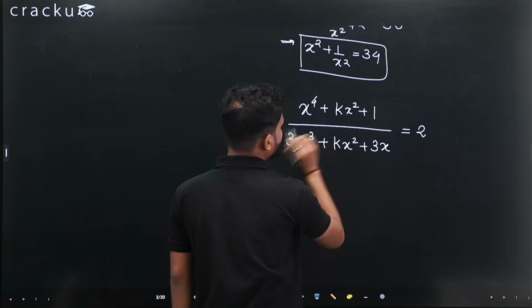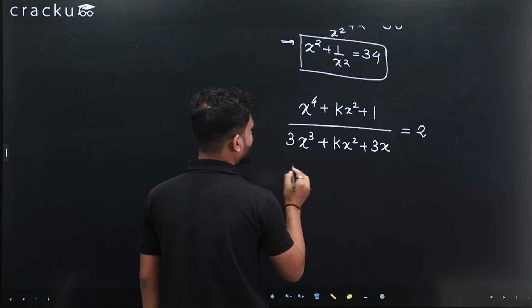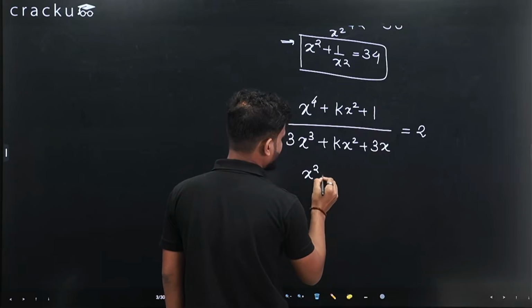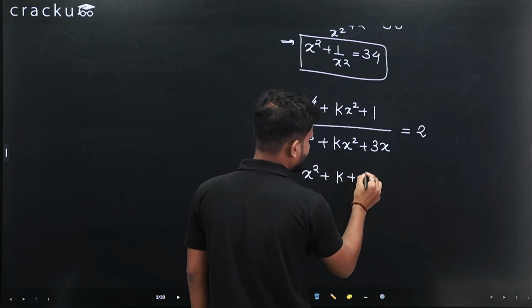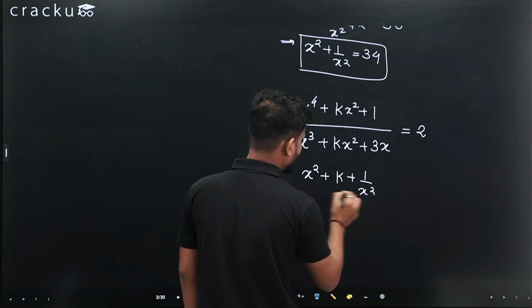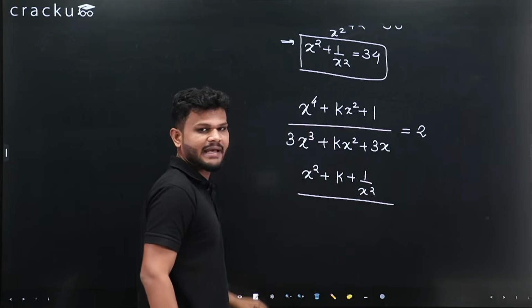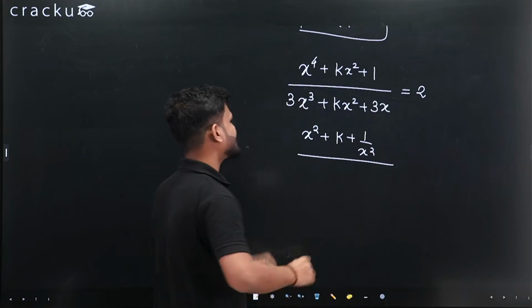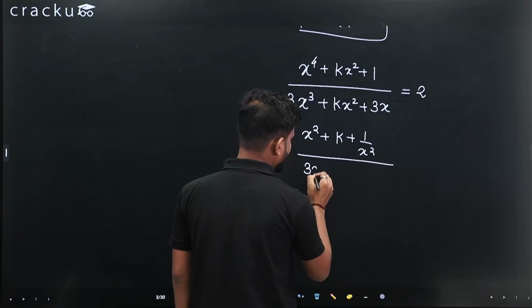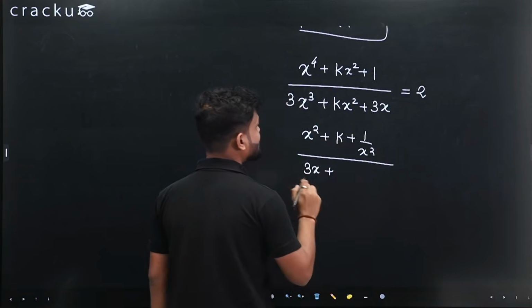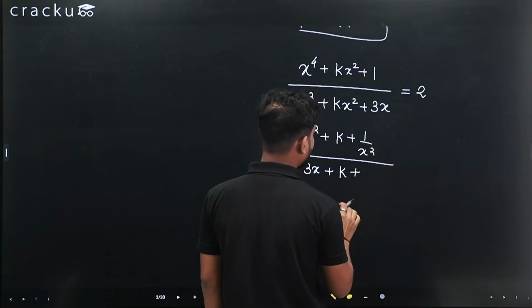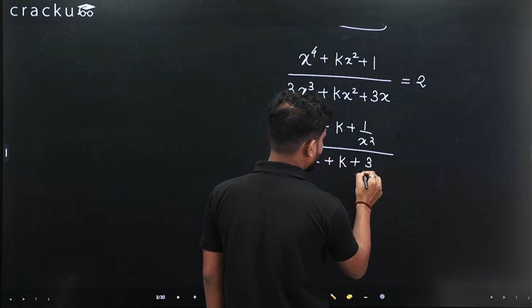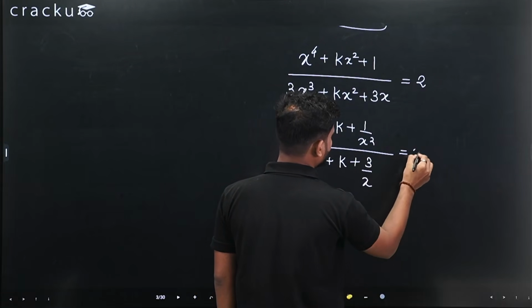If you divide the numerator by x square, you will get x raised to 4 by x square, which is x square, k x square by x square, which is k, plus 1 upon x square. If you divide the denominator by x square, what will you get? 3x cube by x square is 3x, plus k x square by x square is k, plus 3x upon x square, which is 3 by x, is equal to 2.